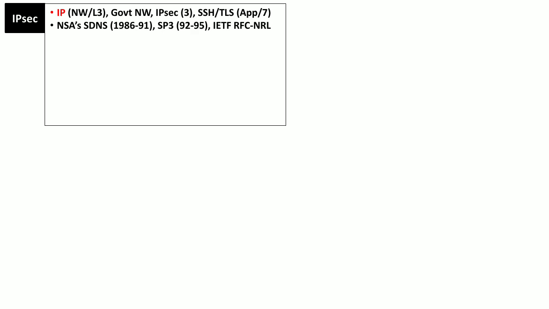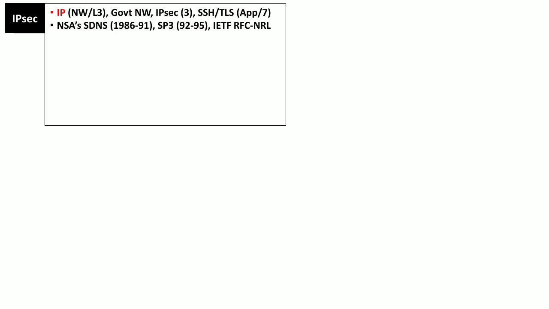Once we talk about the history of Internet Protocol Security, the National Security Agency in 1986 introduced a program called the Secure Data Network System Program, and they ran this program from 1986 to 1991. The purpose of this program was to design security protocols for the security of the Internet.